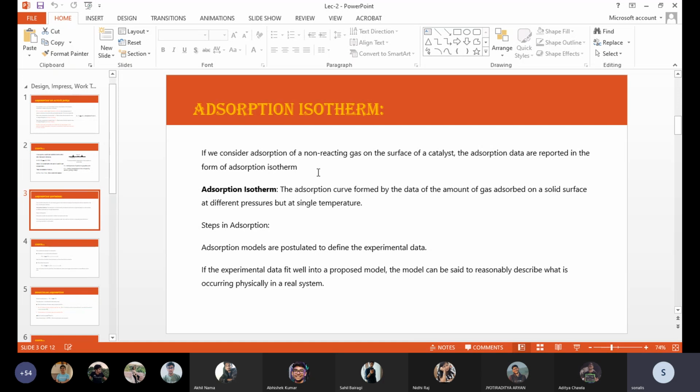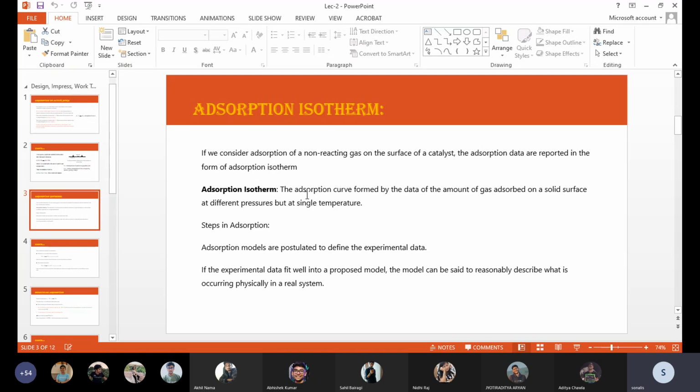That gives us a curve at that single temperature. Now, if you change the temperature, the adsorption data will be different because gas pressure is highly dependent on temperature. At another temperature, the nature of the isotherm curve will be different. So this is called an isotherm.